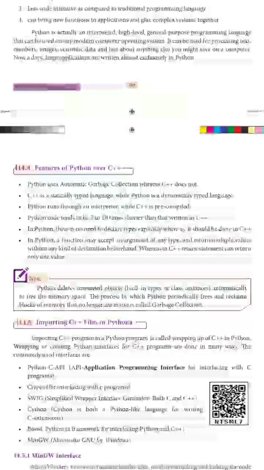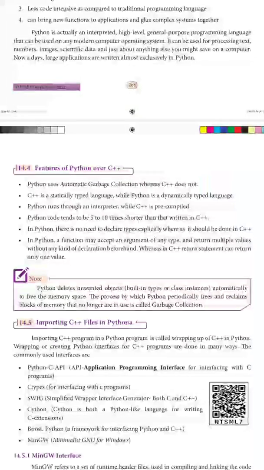Features of Python over C++. Python uses automatic garbage collection while C++ does not. C++ is a statically typed language whereas Python is a dynamically typed language. Python runs through an interpreter while C++ is pre-compiled.